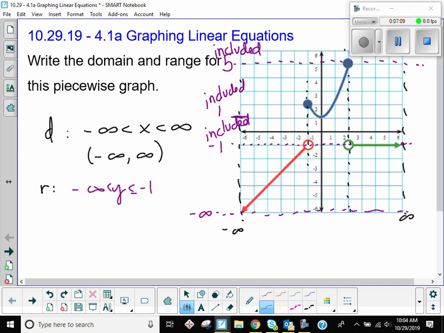I'm just going from here to here. There was a break here. And then I'm going to pick up now at 1, where the next interval started. And that was included. And then it goes up to 5. But you do not use a U symbol when you're doing inequalities. Using just the word or. Okay?